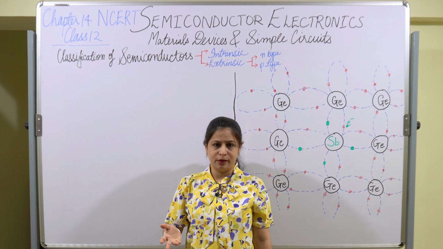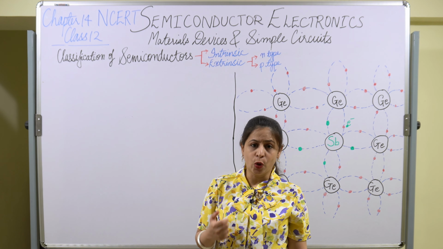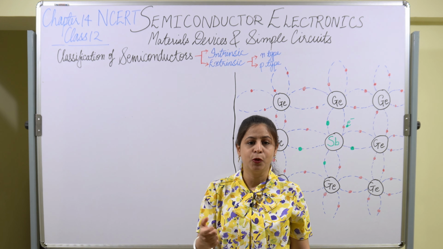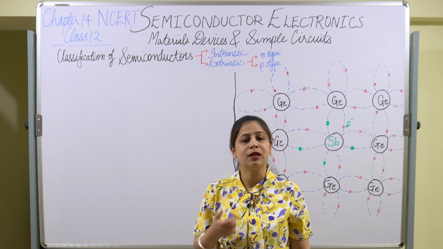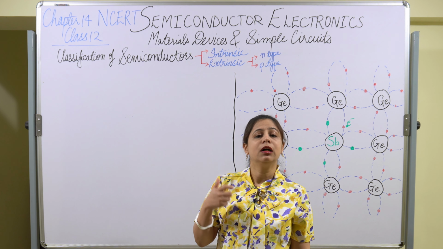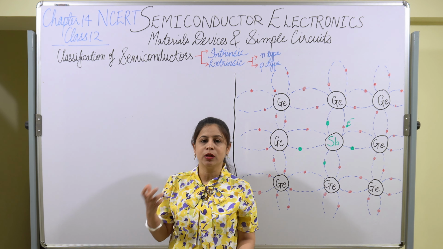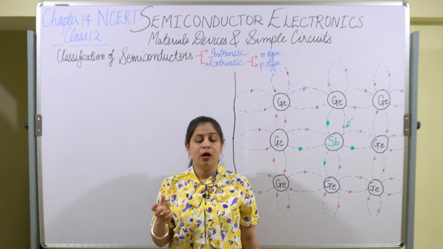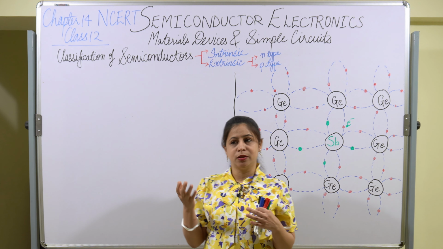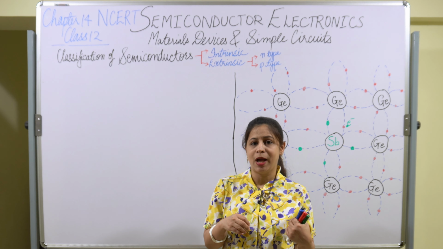So what is doping now? Let us understand an important term, which is doping. Doping is the concept of adding impurities deliberately in the pure crystal in order to increase the conductivity. But the main concept over here is what type of impurities should be added.